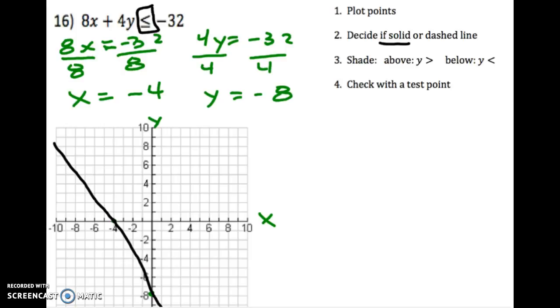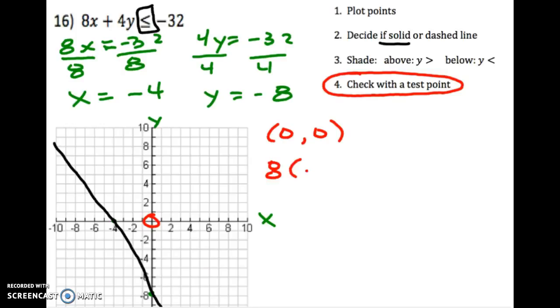All right, now the shading is a little trickier, so instead of doing step 3, we're going to go straight to step 4. Let's check it with a test point. Let's find that 0, 0. So if we take the 0, 0 and plug it into our equation, so 8 times 0 plus 4 times 0 less than or equal to negative 32.